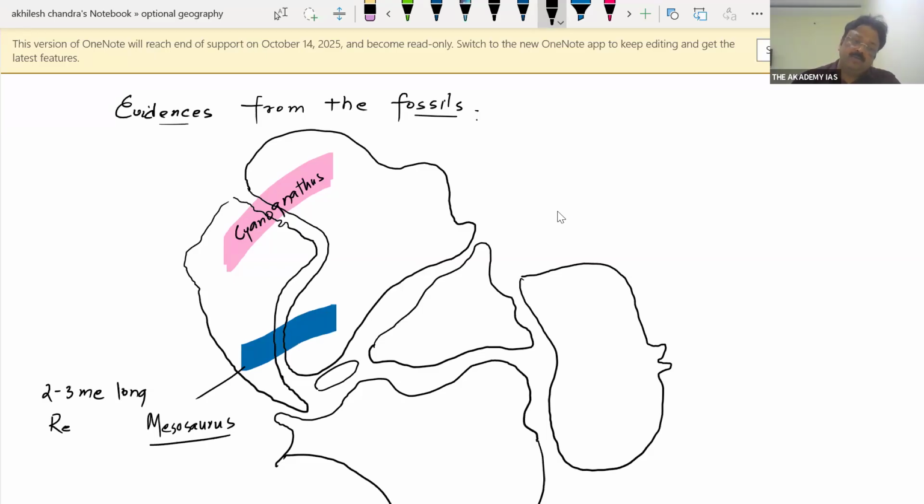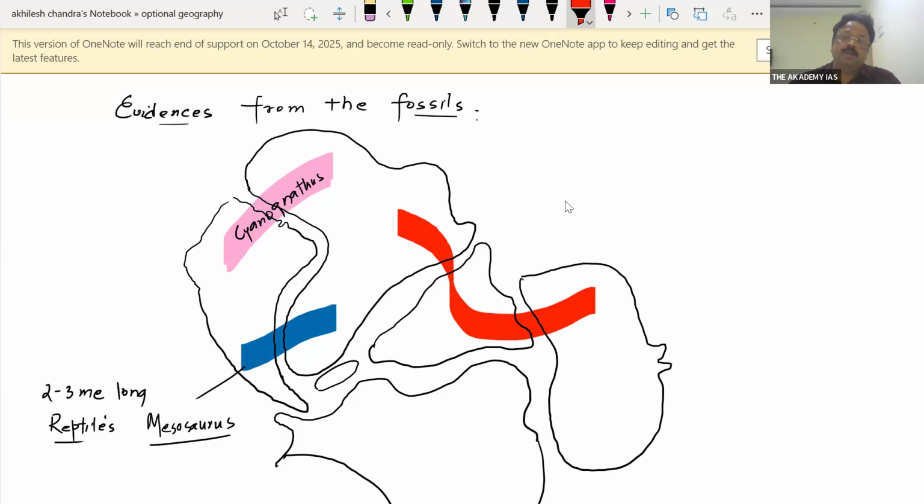And the fossils of Lystrosaurus were recovered from Africa, India, as well as Australia. So these were again reptiles.